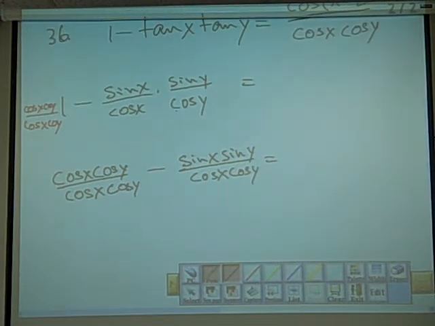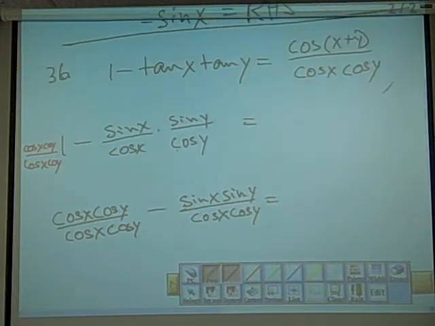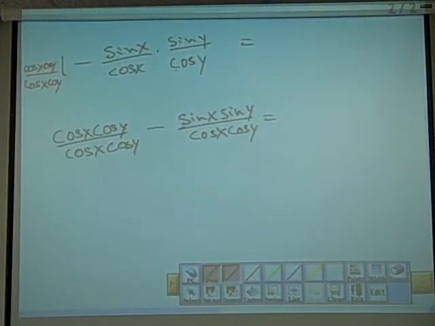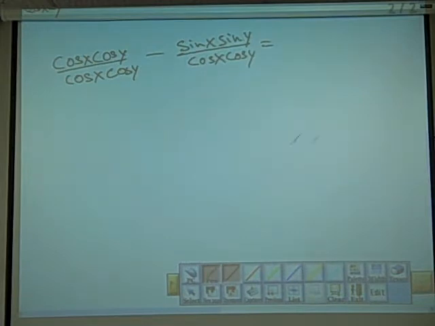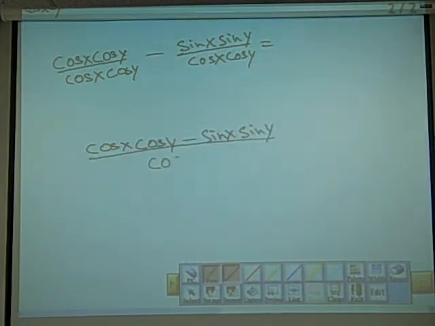Alright, and from there we go ahead and combine them into one denominator, right? Because that's what we have here on the right side, one common denominator, cosine x cosine y. So here we have cosine x cosine y minus sine x sine y, and that's all over one single denominator, cosine x cosine y.